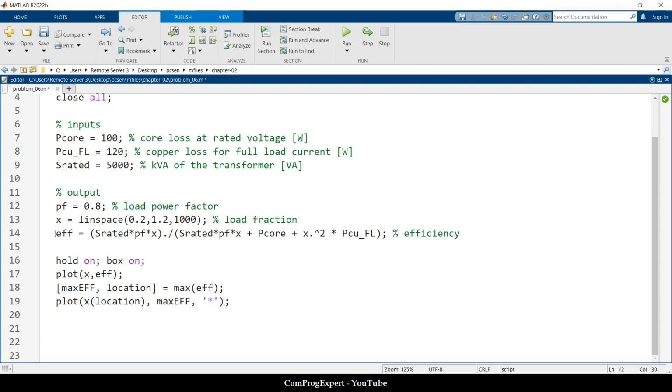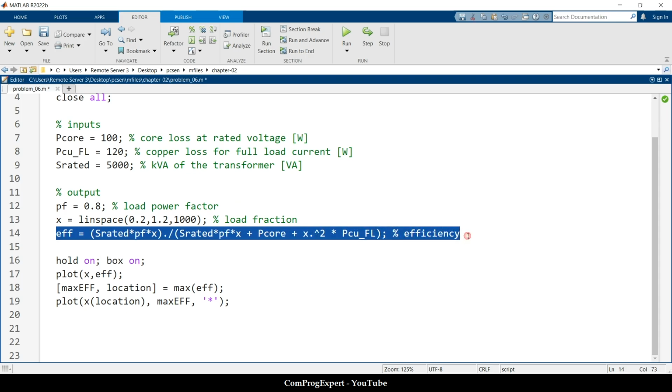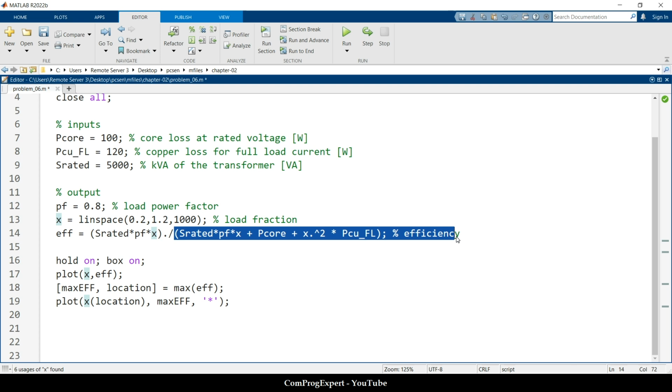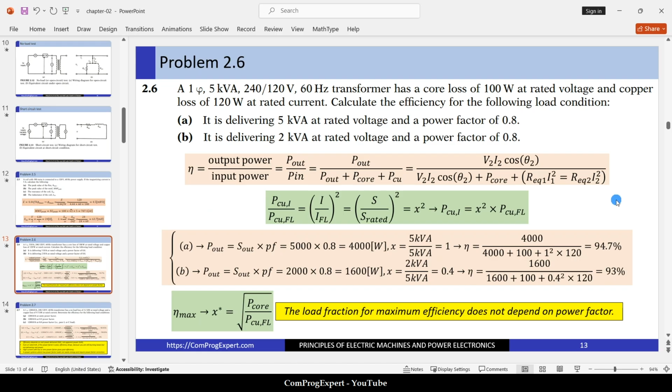And here is the equation for calculation of the efficiency. So this is the rated value of S times power factor times the load fraction, and this is the denominator of the efficiency fraction.